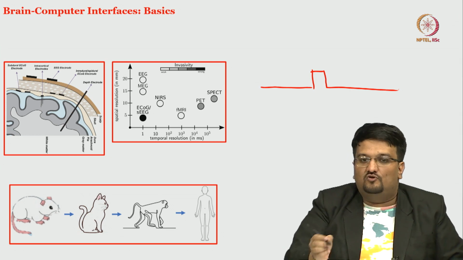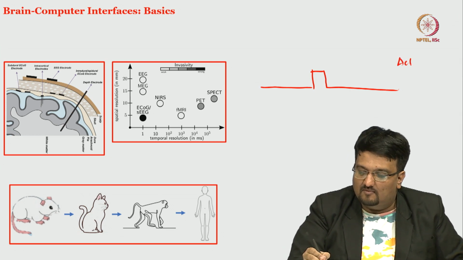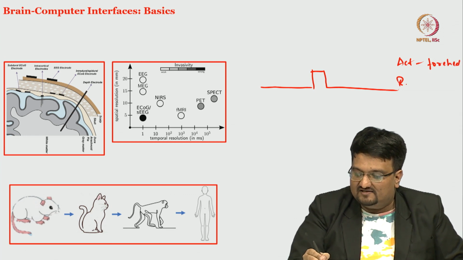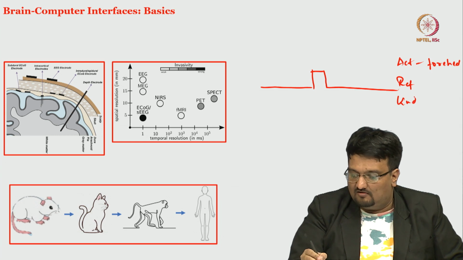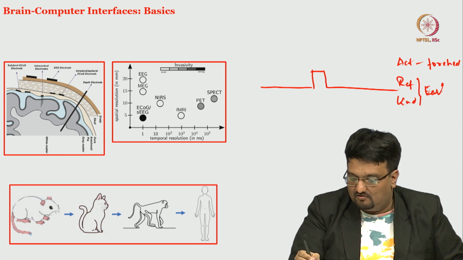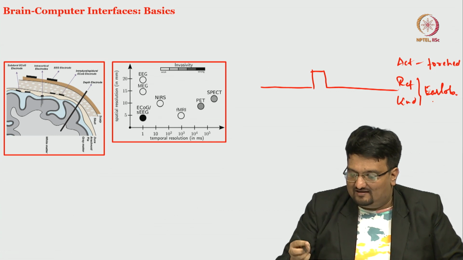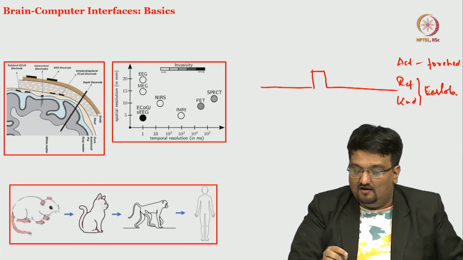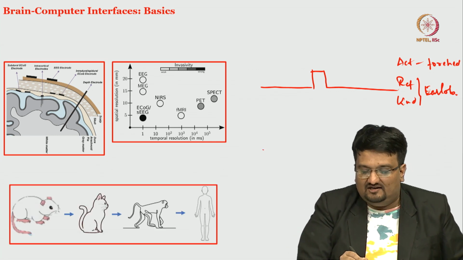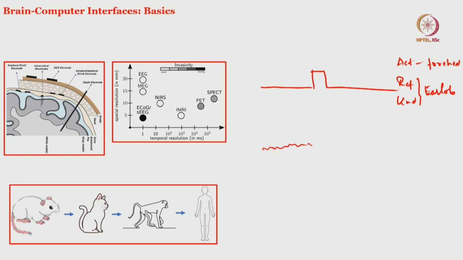So you put your 3 electrodes: active on the forehead, reference and ground on the earlobe. If you keep it like this and you are recording EEG, let's say this is some baseline, and the moment you blink you will get this kind of known pattern. So the moment you blink and the moment the pattern came, that is nothing but your temporal resolution.